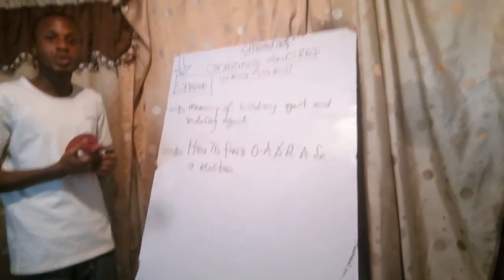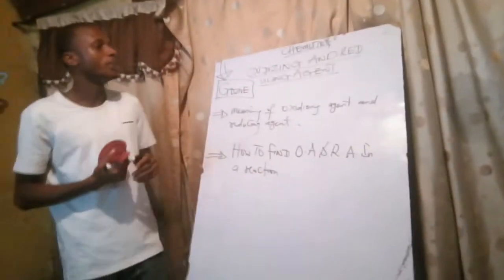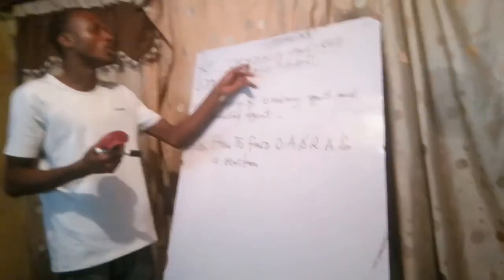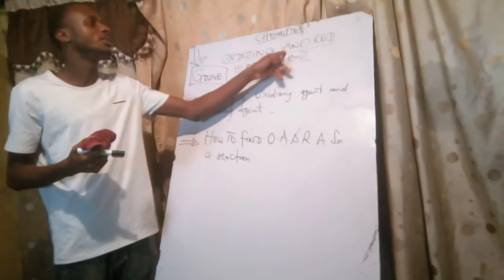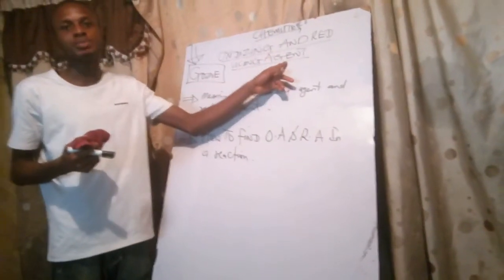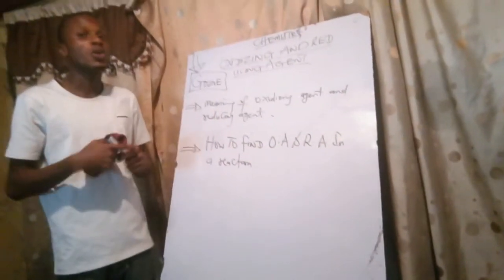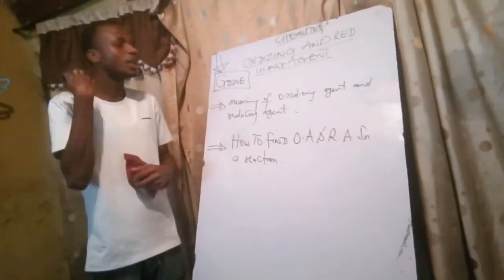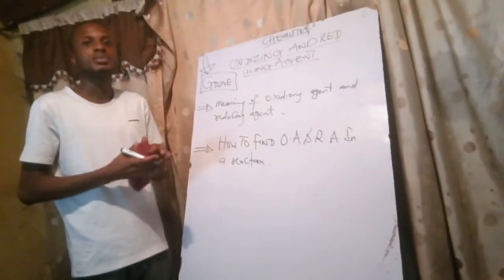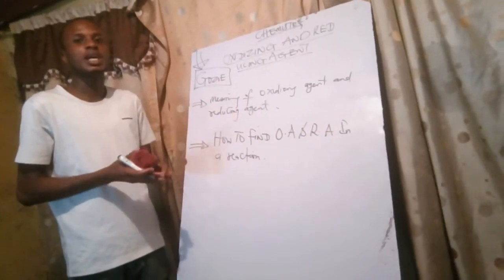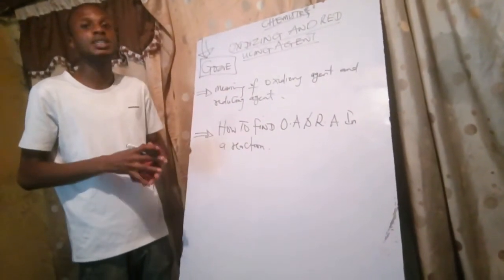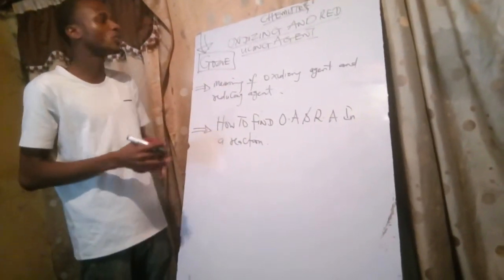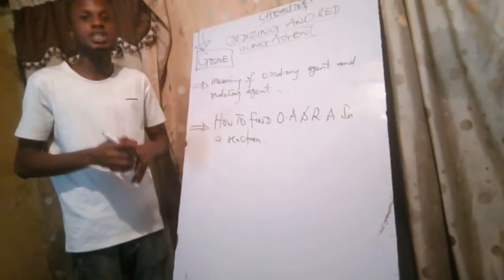In this video, I will be talking about oxidizing and reducing agents. In my previous video, I talked about an introduction to redox reactions. Here we'll be looking in detail at the reduction reaction and the species in this redox reaction that we refer to as oxidizing and reducing agents.